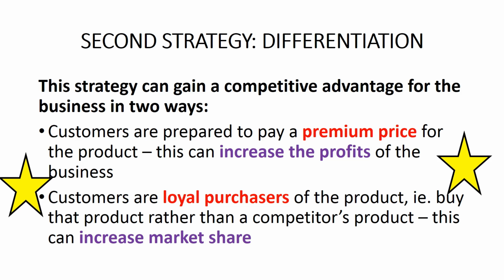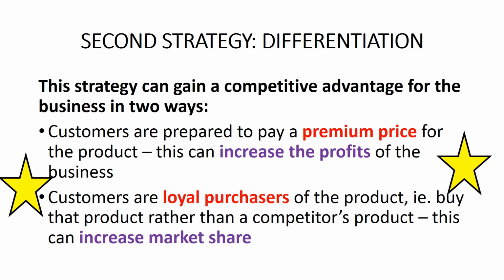But it may well be that because of the advertising that Nike's done, people prefer to buy Nike shoes because they come with a certain image. So even though Nike shoes and ASICS shoes perform the same function, they're sporting shoes that enable people to run, customers are nonetheless prepared to pay more for Nike shoes just because they come with a Nike brand attached.